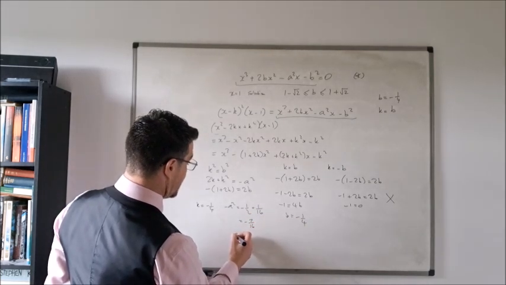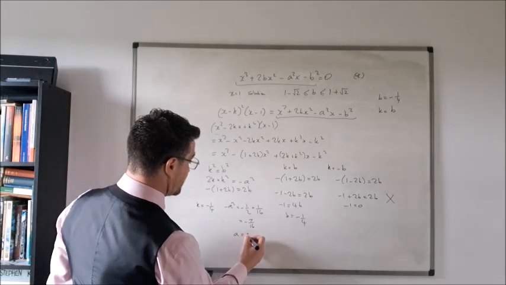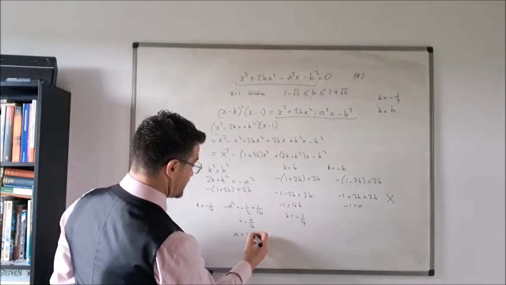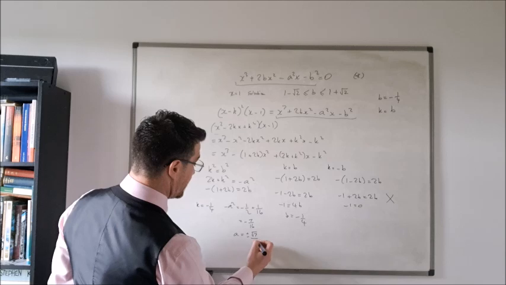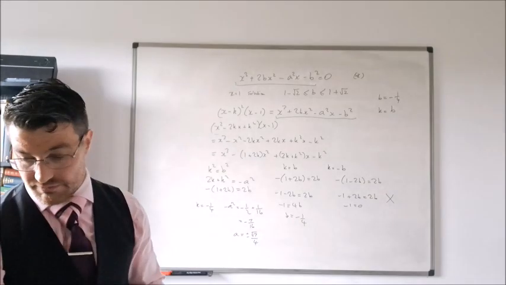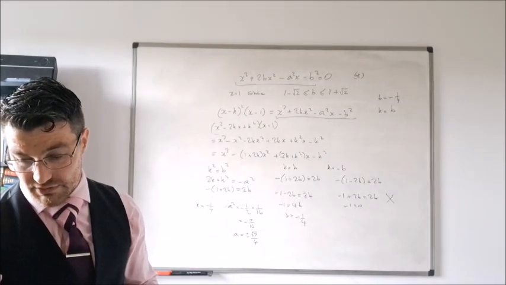So a is going to be equal to plus or minus root 7 over 4.